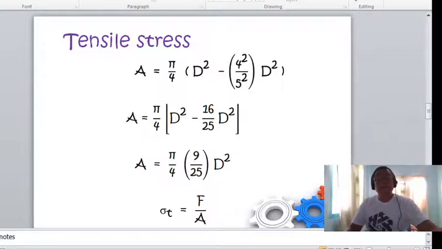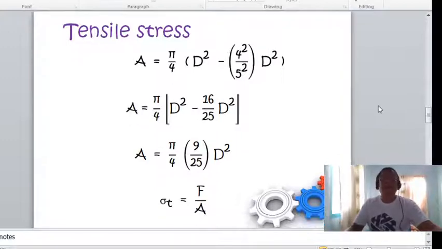Knowing the formula for the tensile stress, sigma t is equals to F over A.